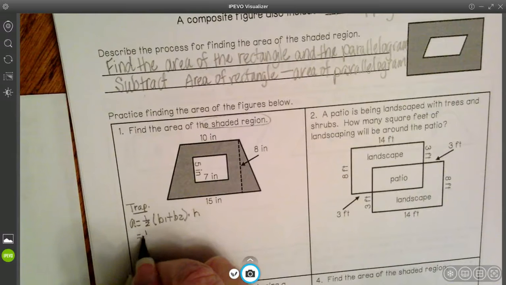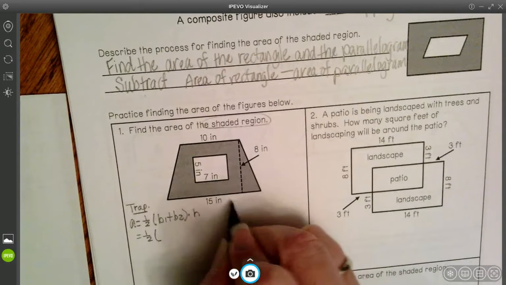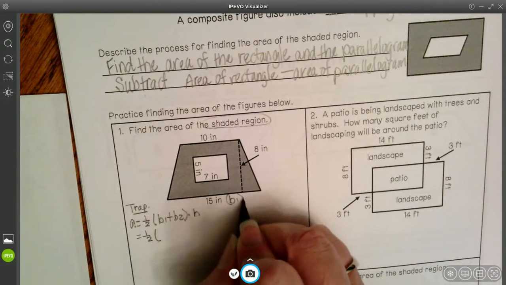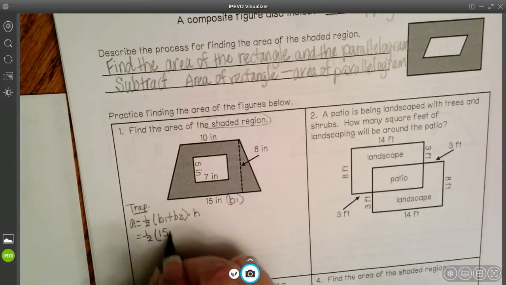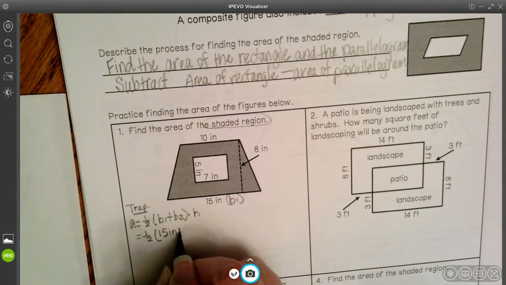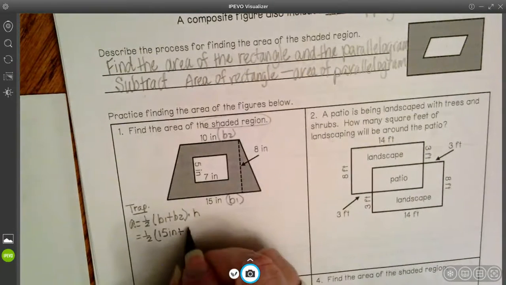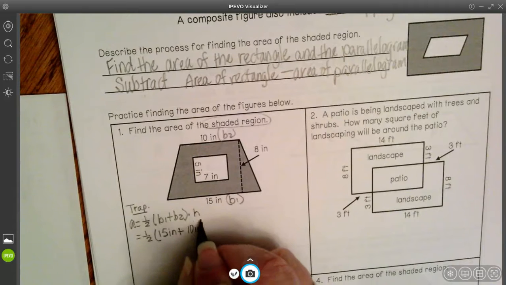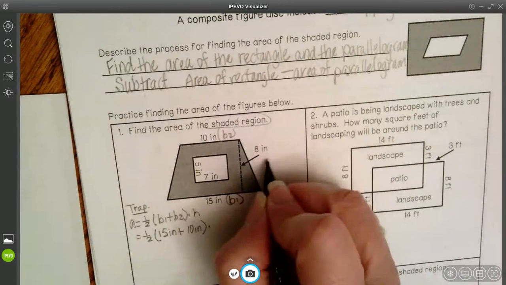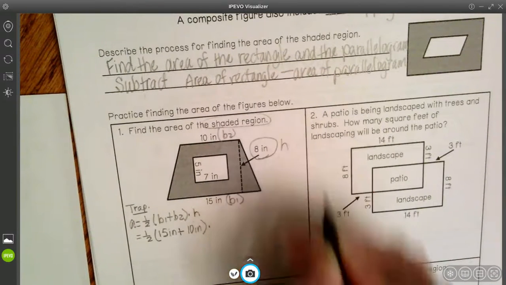Okay, so we've got 1/2 times base 1 is right here, that's 15 inches, plus base 2, which is up here, so that's our 10 inches, times the height, which is our 8 inches right here.